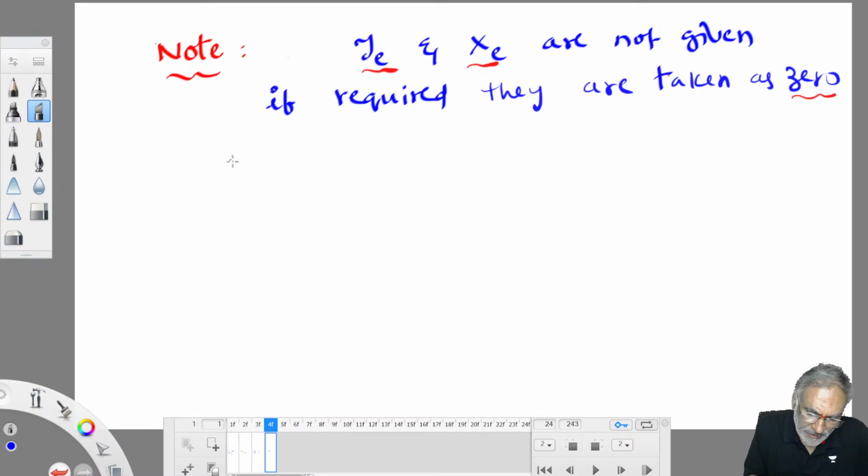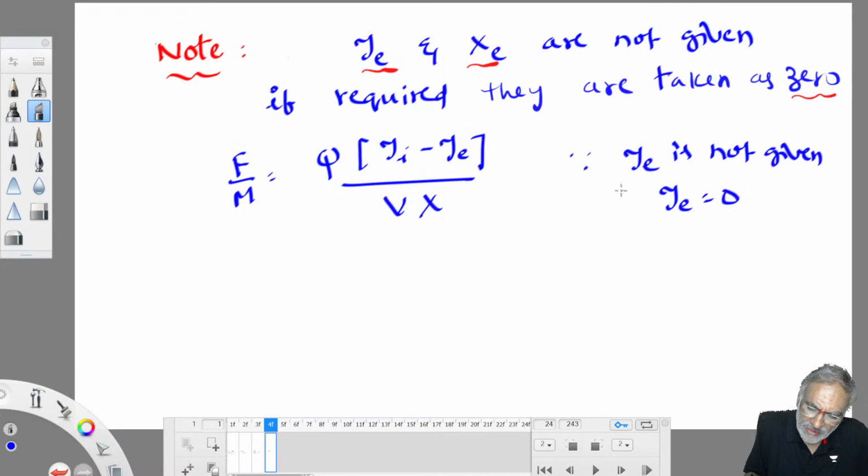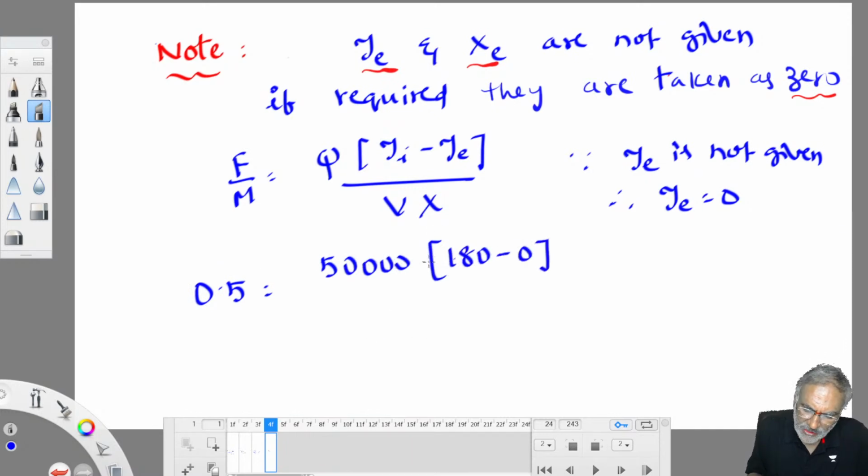So in this question, what we require: F by M is equal to Q into Yi minus Ye by V into X. Since Ye is not given, we take Ye equal to 0. Then 0.5 is equal to 50,000 into 180 minus 0 by volume, which is unknown, into X, which is given as 1800.